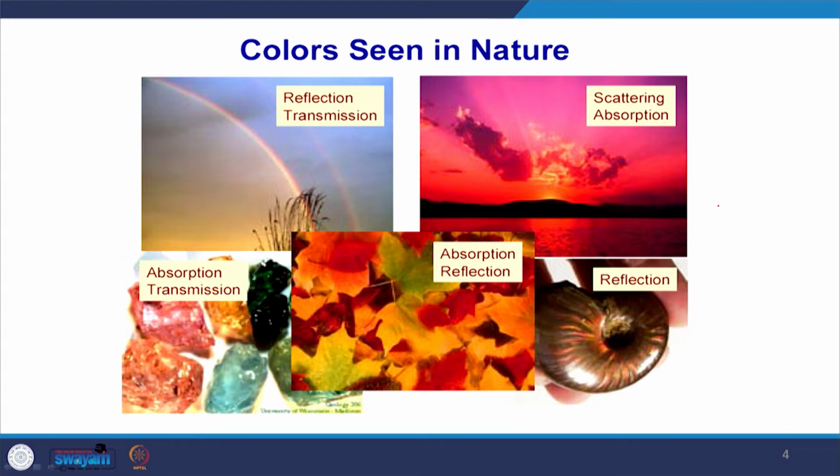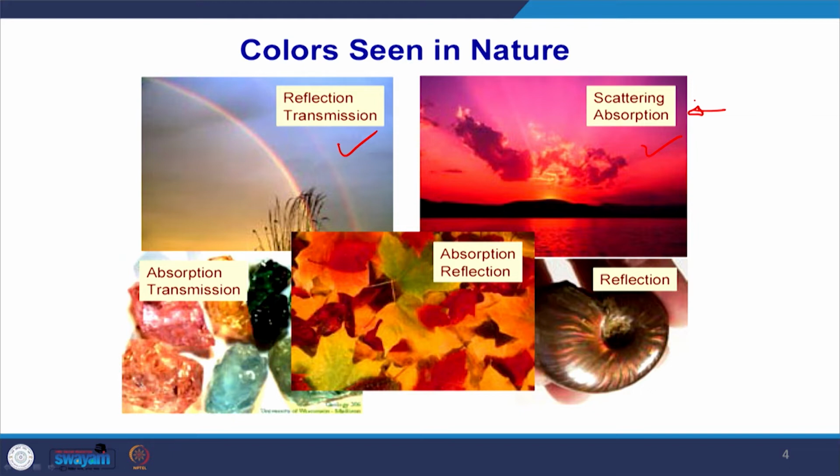Now we see various colors in nature, and these colors are due to some of the processes which I have just mentioned. You can see a rainbow in the sky, due to the reflection and transmission taking place. Due to scattering and absorption, you can see the blue color of the sky, or the reddish color of the sky during clear weather conditions and sunset or sunrise respectively.